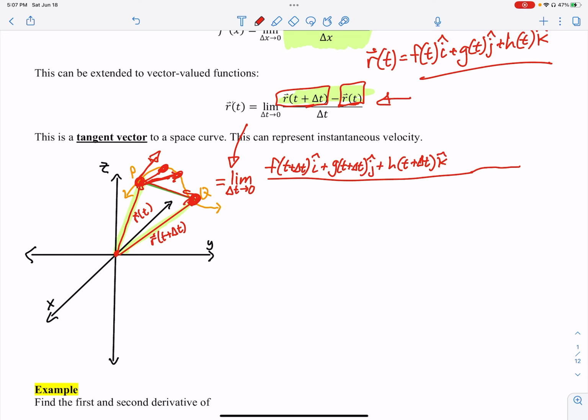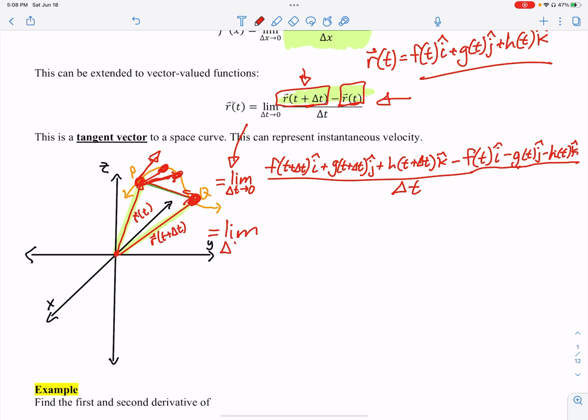That's plugging t plus delta t into our function, and then I'm subtracting, and we get minus f of t i, minus g of t j, and then minus h of t k, all over delta t. All right, I'm going to put these together in a different way, and then I'm going to spread out my limits too, so I'll show you what I mean.